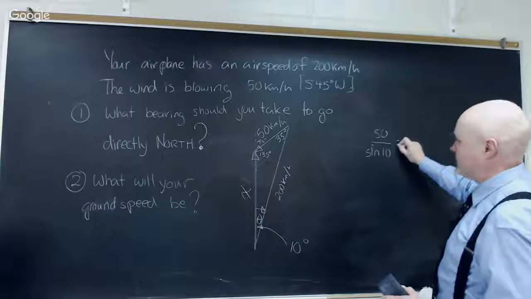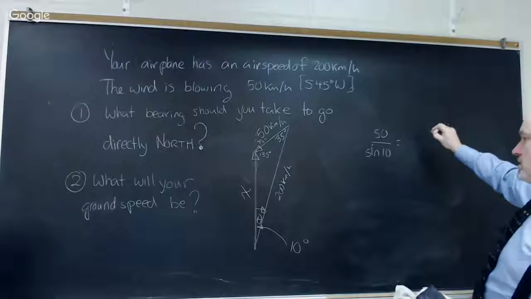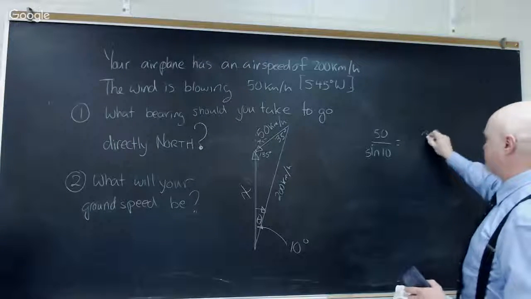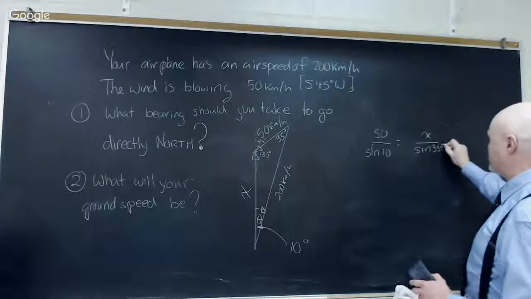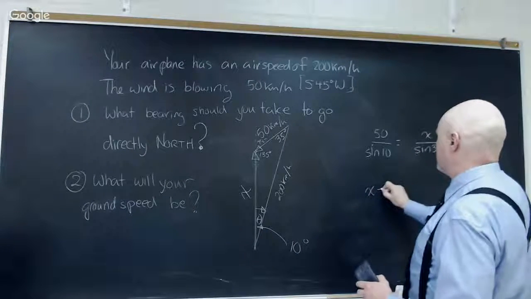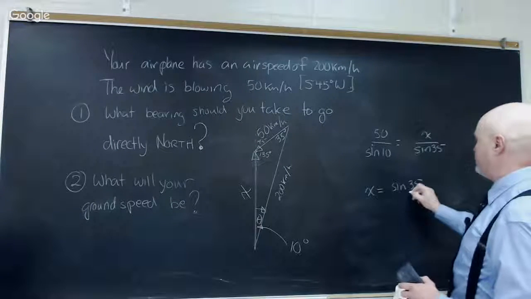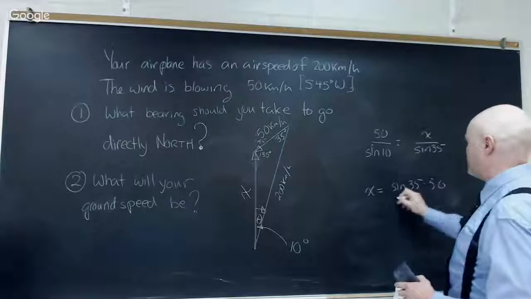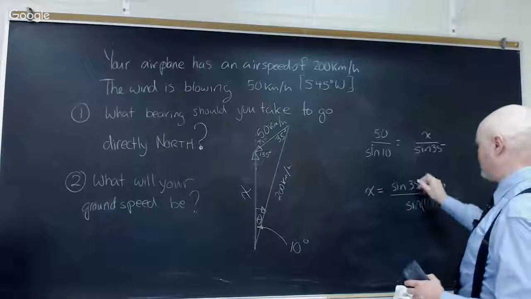50 over the sine of 10 degrees is equal to x over the sine of 35 degrees. So x is going to be sine 35 times 50 divided by the sine of 10.